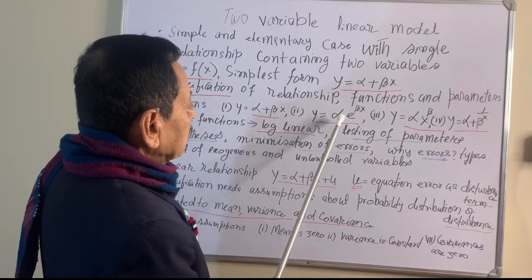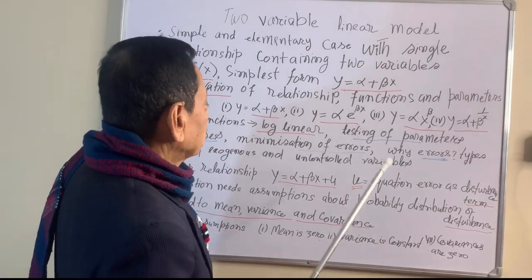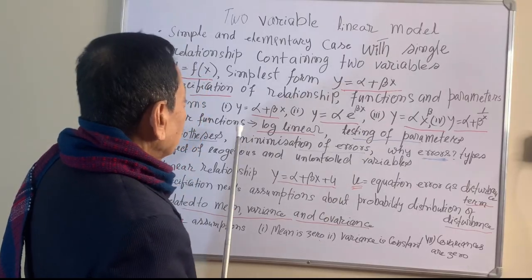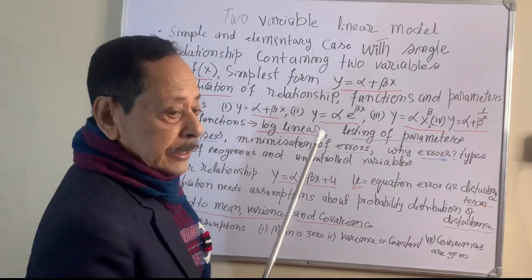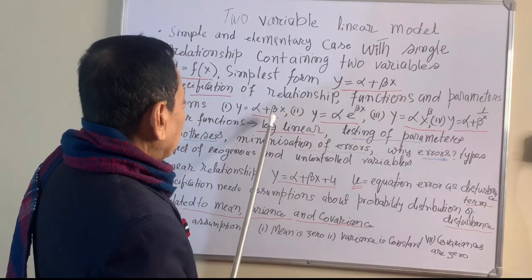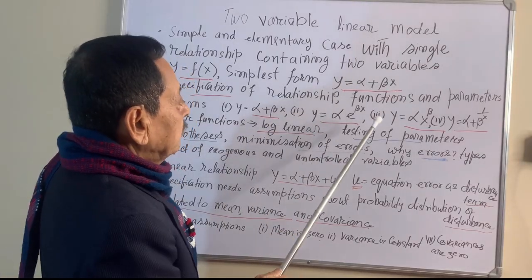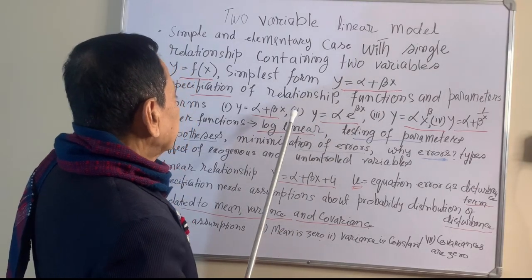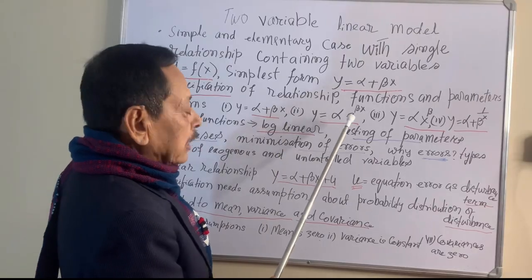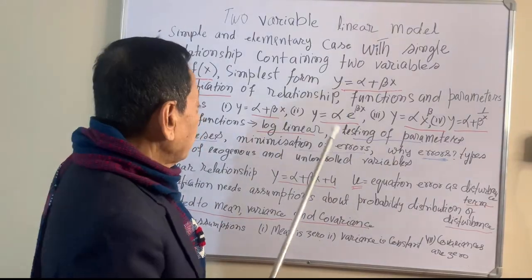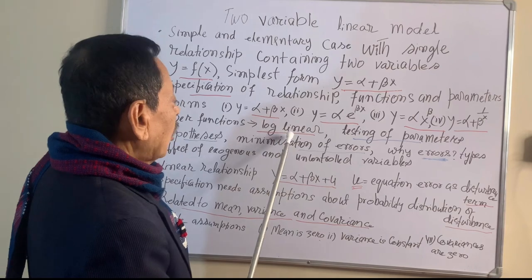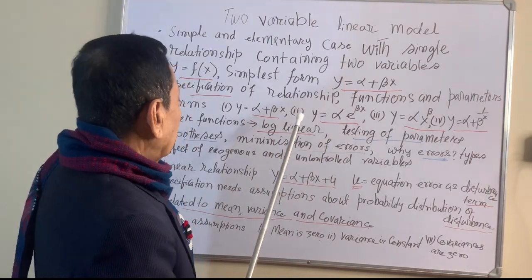Now those exponential or power forms are called log linear because we have to convert them to linear form. So we can convert to linear form by taking log of both sides.